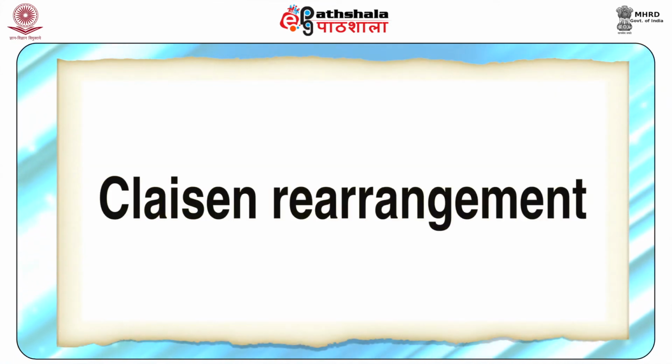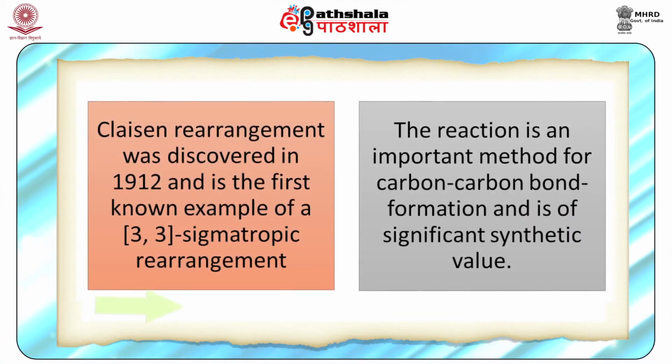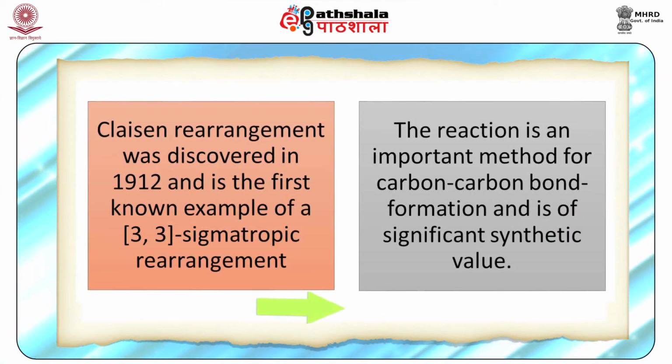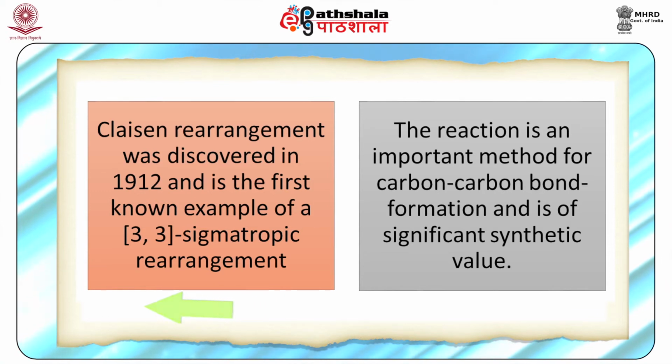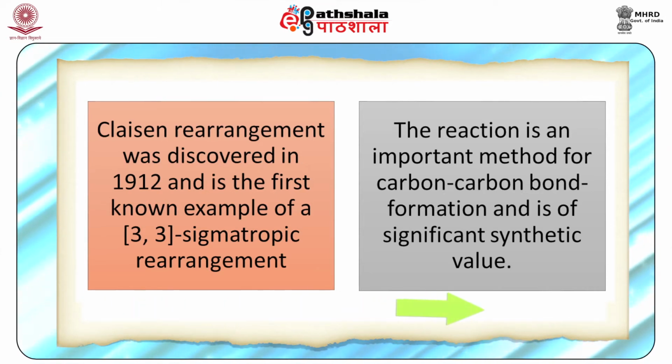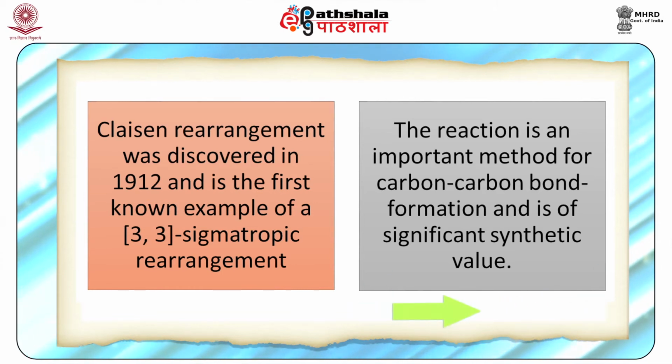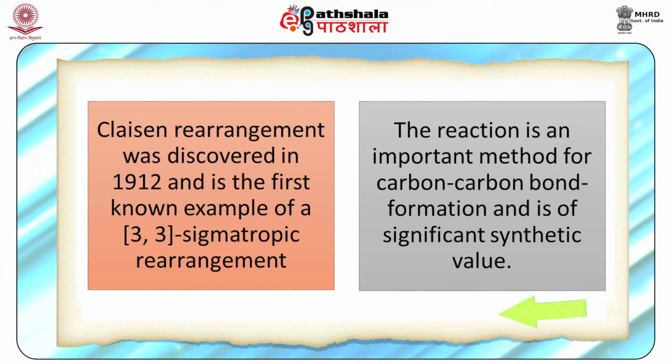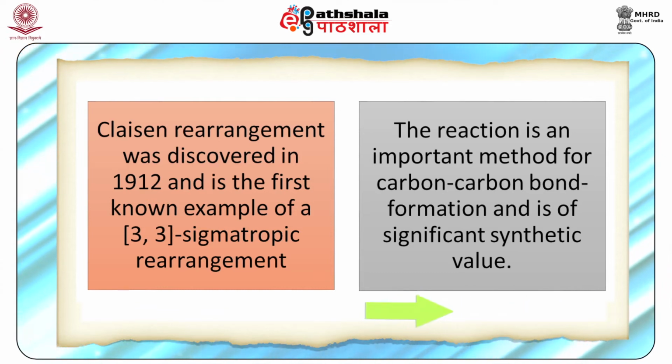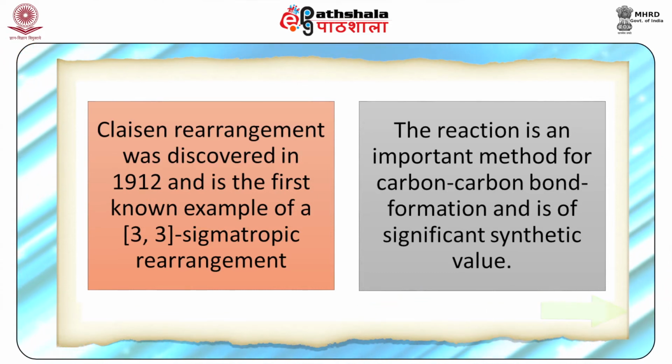Claisen rearrangement. Claisen rearrangement was discovered in 1912 and is the first known example of a 3,3 sigmatropic rearrangement. The reaction is an important method for carbon-carbon bond formation and is of significant synthetic value.